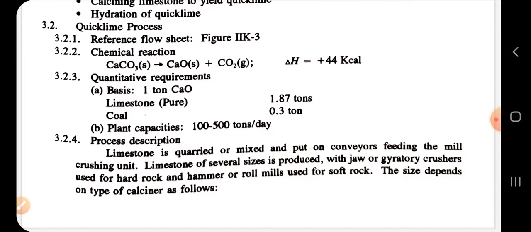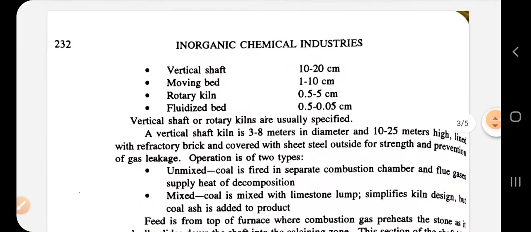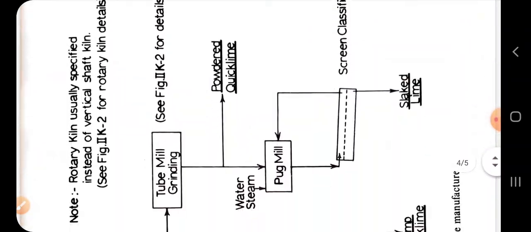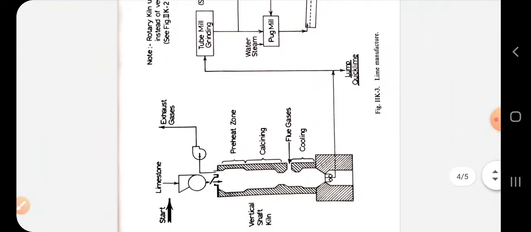And the quantitative requirements are pure limestone and coal. The typical plant capacity is 100 to 500 tons per day. We will understand the manufacturing with the help of a process flow diagram.